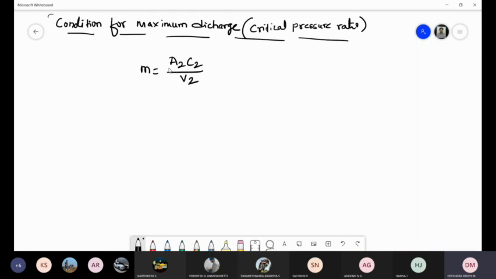This is the condition I am taking, where m equals mass of the steam flowing through the nozzle.